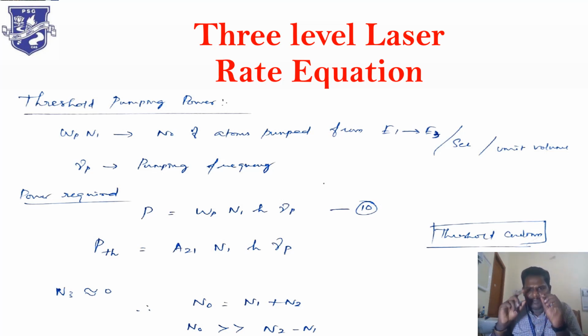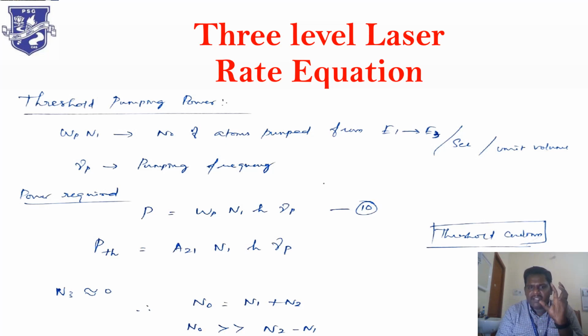And we know that even though we are pulling the atoms from E1 to E3, after some span of time the atoms move from E3 by means of spontaneous emission. By means of spontaneous emission, the atoms keep moving from the short-lifespan excited state to the long-lifespan metastable state. The atoms keep moving from E1 to E2 indirectly by means of E3. So the presence of E3 is almost nullified in achieving population inversion, and we treat N3 as 0 in the initial condition.